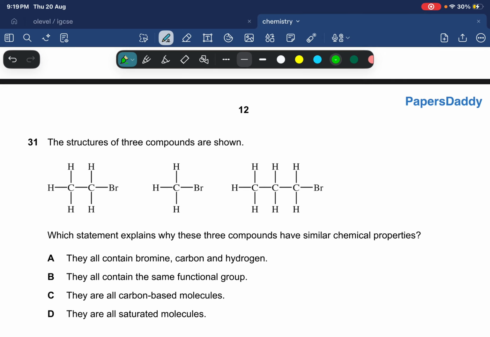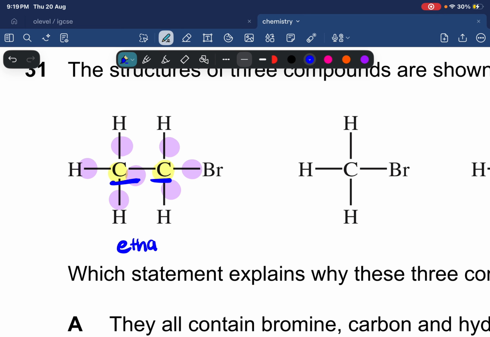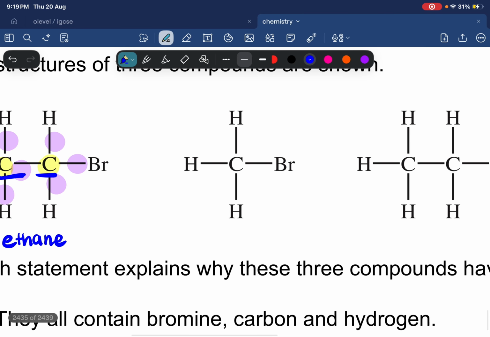Structures of 3 compounds are shown. We have 2 carbon atoms, and we have 1, 2, 3, 4, 5, 6, 7 single bonds. So that's carbon and carbon, that's going to be ethane. Next, we have 1 carbon, and we have bromine attached to it.